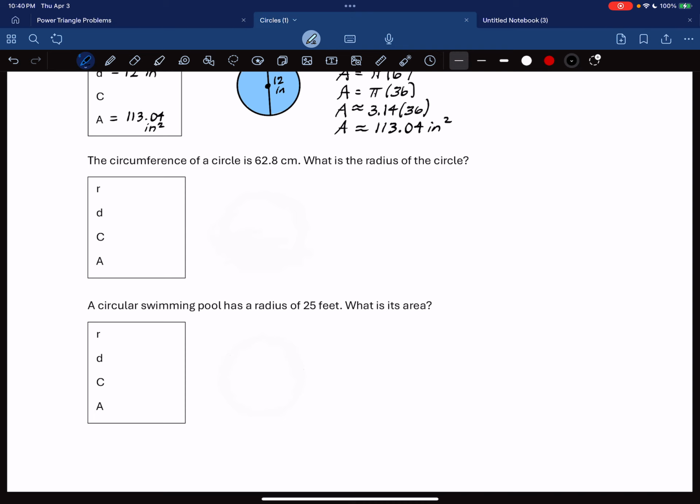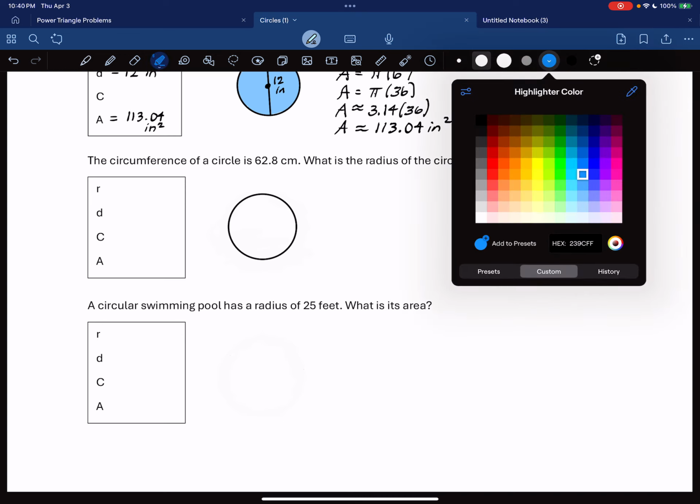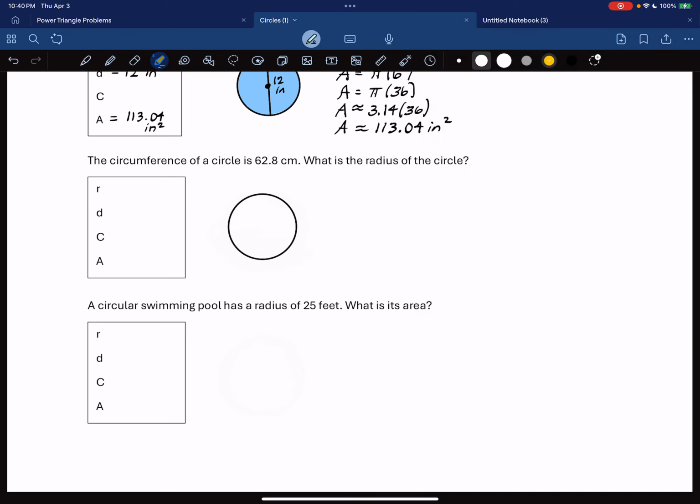So we have the circumference of a circle. That is this dimension. Ooh, that's too big. Sorry. Let's go around this circle.